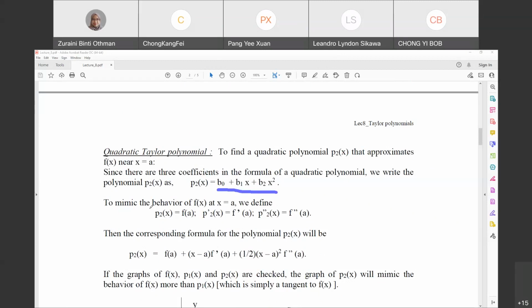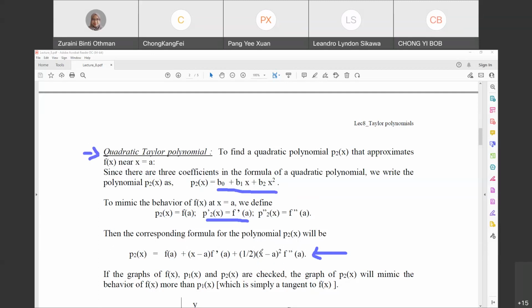Okay, to mimic the behavior of f(x) at x is equal to a, we define that p2(a) is equal to f(a), and this is p2 prime(a). Okay, pembezaan pertama untuk P2 ni is f prime(a), and pembezaan kedua dia ialah f double prime(a). And this is the equation of quadratic Taylor polynomial.